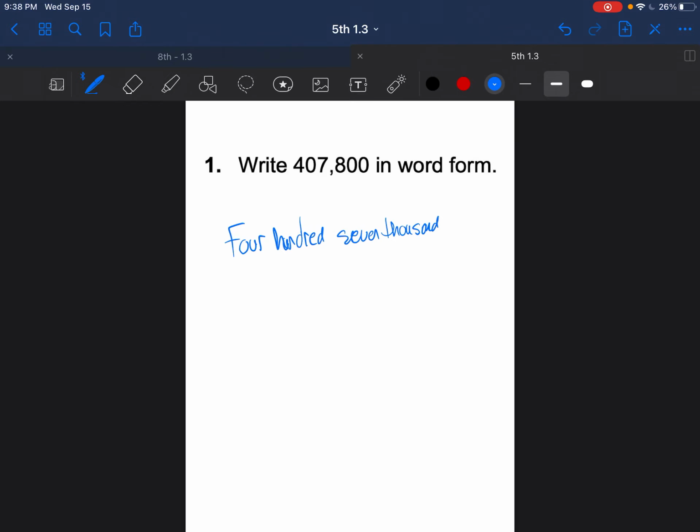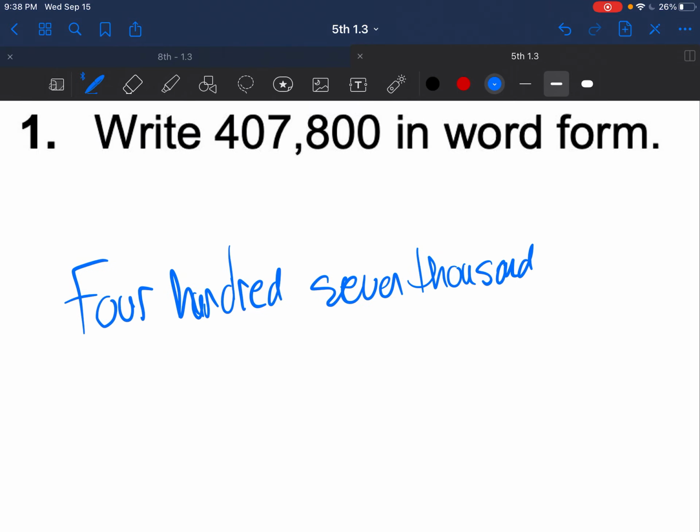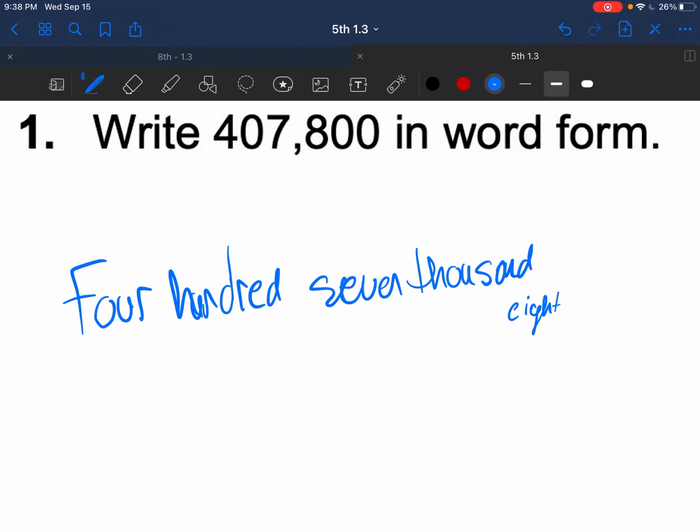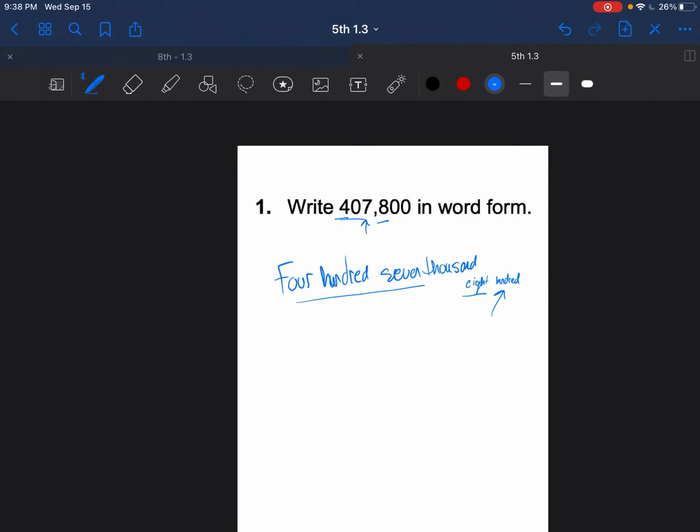I'm going to run out of space. Let me zoom in. 407,000, and then we have 800. There we go. So we have 407,000, and we have 800. All right, let's do the next one.